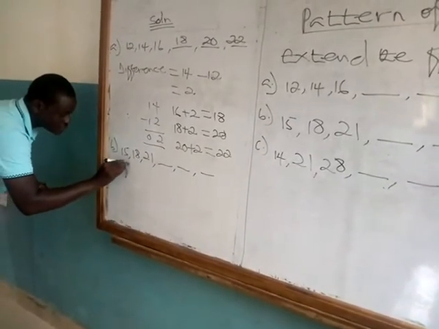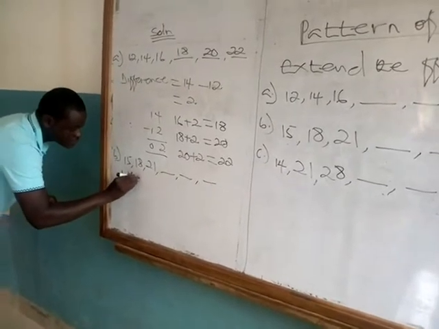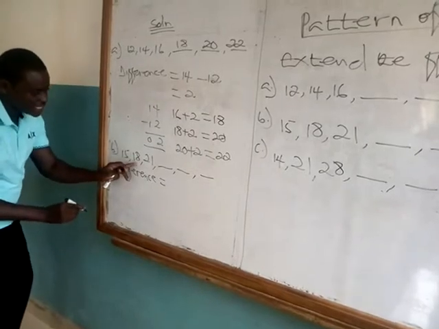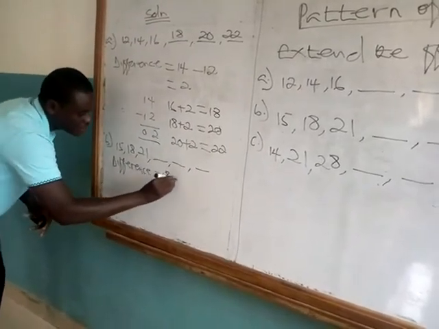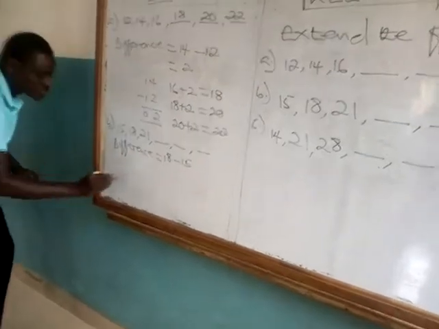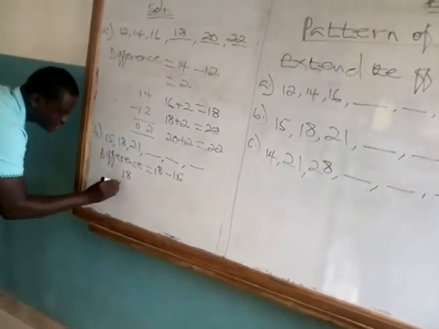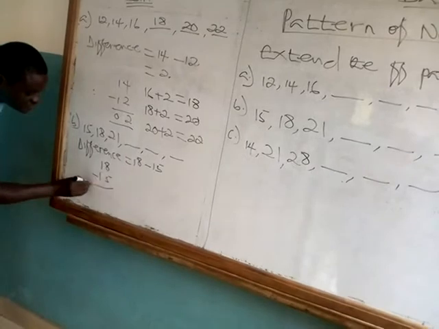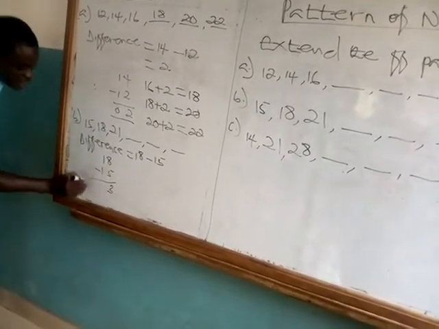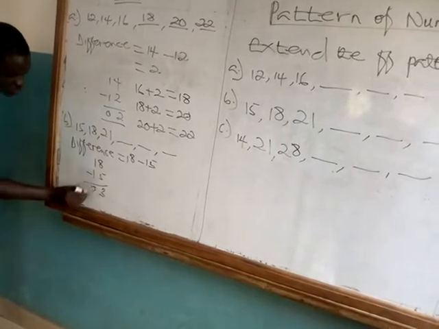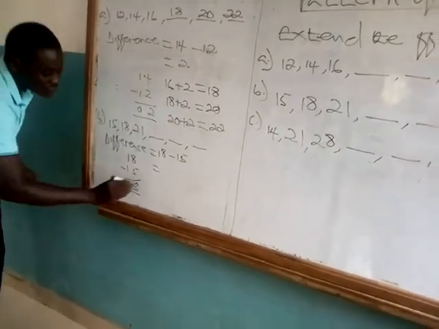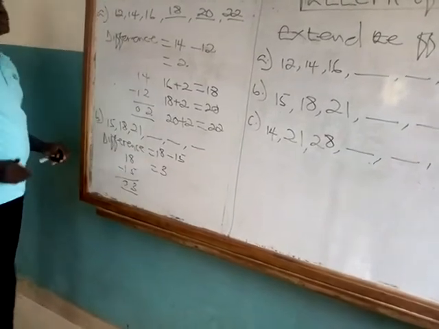Difference equals the second digit, that is 18, take away 15. Let's do that together. You have 18 minus 15. 8 take away 5 will give you 3. And then 1 take away 1 will give you 0. So undoubtedly, our difference is 3.